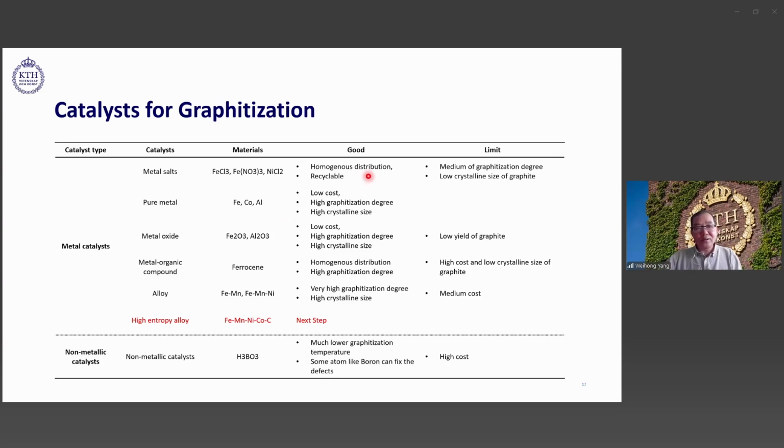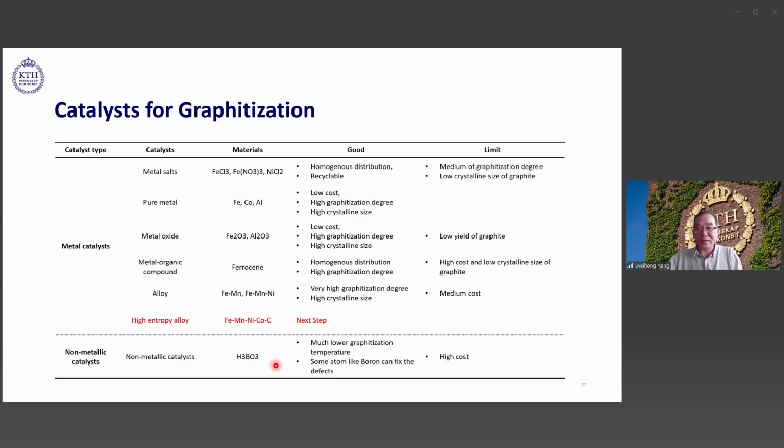And also, when we talk about the catalyst, which is metal-based, of course, you can also think about other ways, for example, non-metal catalysts, but not so much to try. The two reasons: one is very high cost, and secondly, the process needs investigation.